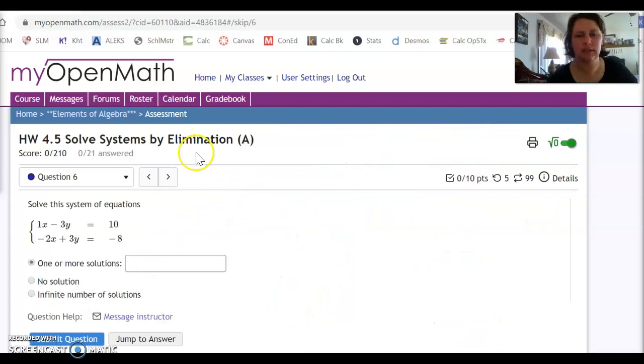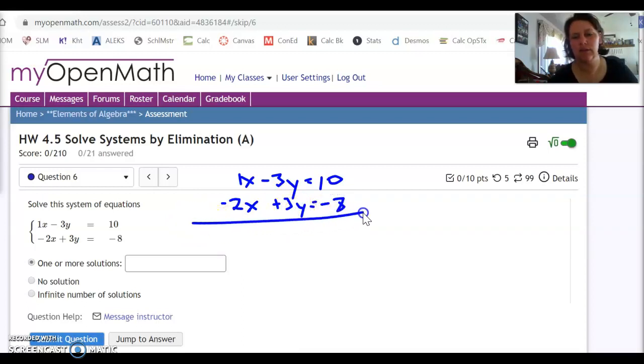Okay, number 6, more practice. So we have 1x minus 3y equals 10. Line up our variables: negative 2x plus 3y equals negative 8. Draw a line and add down. So 1x plus negative 2x is going to be negative 1x.